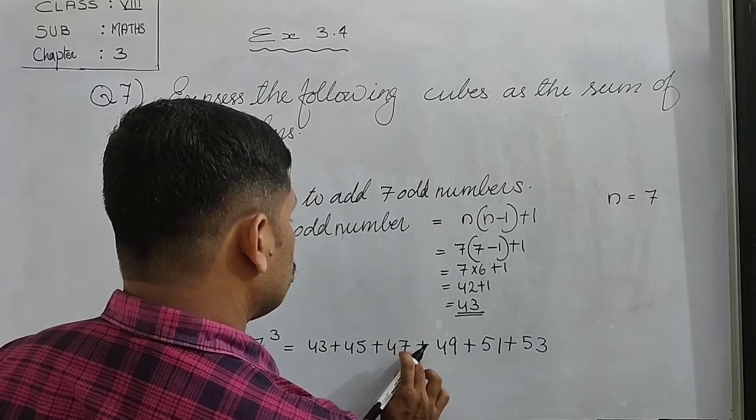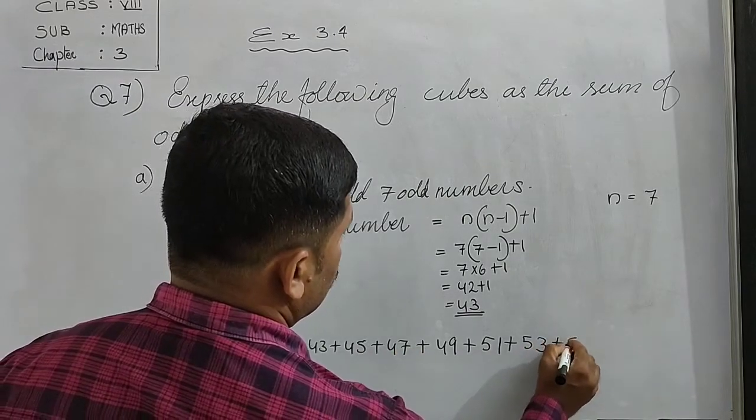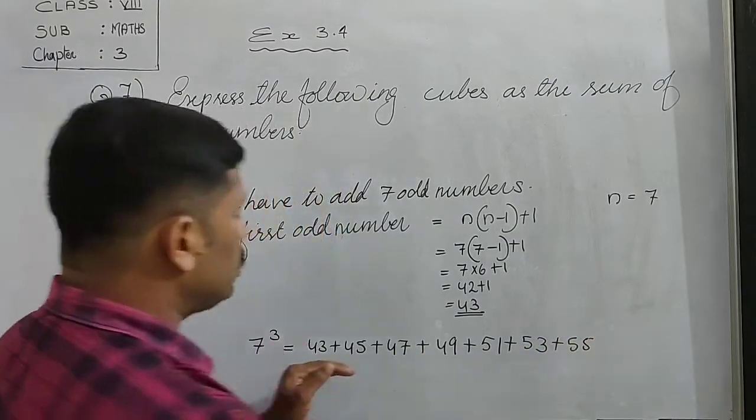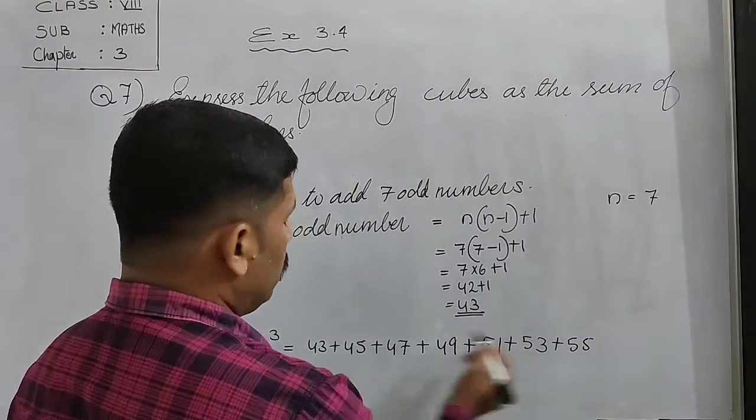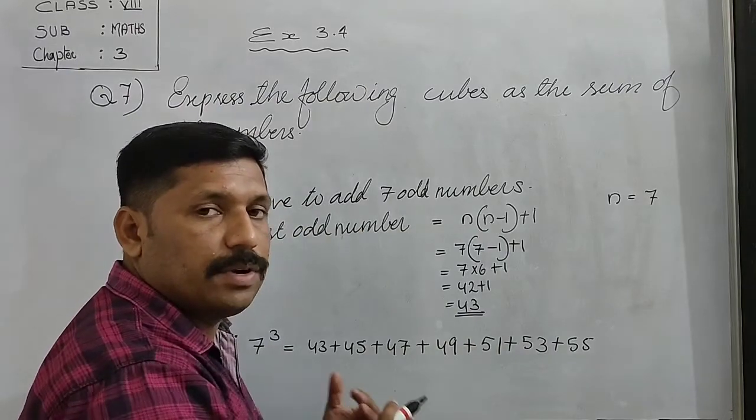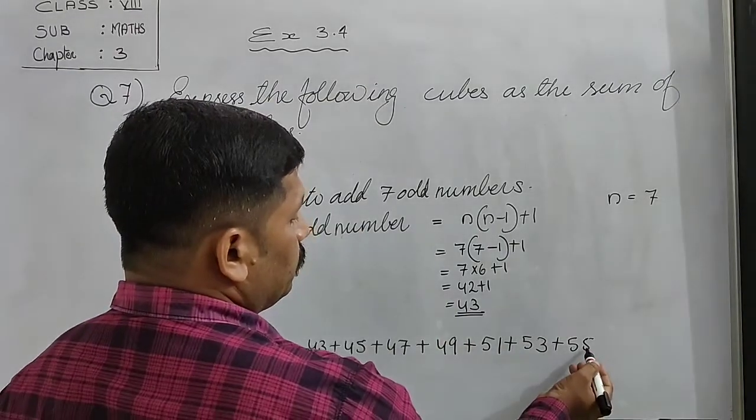Now how many odd numbers? 6 odd numbers. One more odd number is needed, 55. If these numbers are added, we get 343, or it is 7 cube. 7 cube means 7 into 7 into 7, that will be 343.